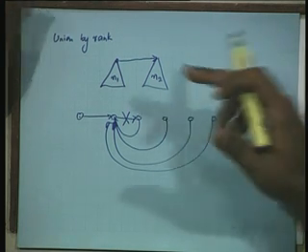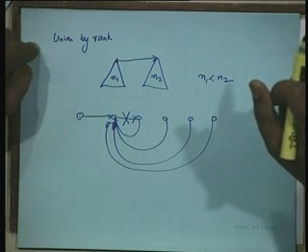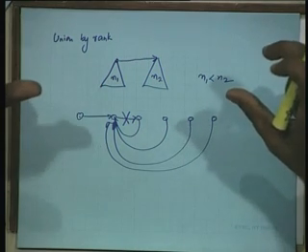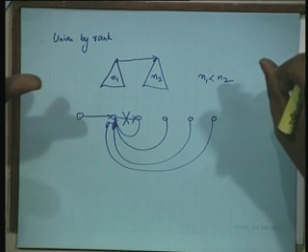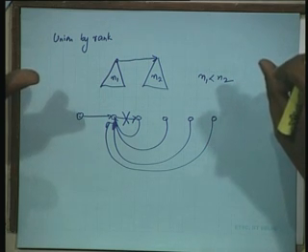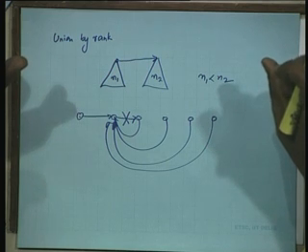So, we have to see that if we use this rule, what can be the height of the tree in the worst case? How high can the tree become if we use this rule?